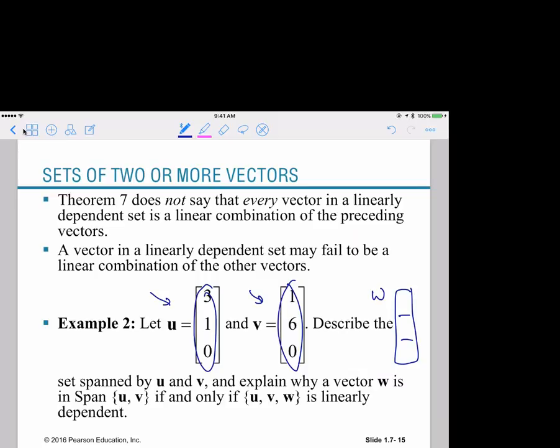In this example, although we do not know exactly what w is, if u, v, and w are linearly dependent, then it is the same as the case that w should be a linear combination of u and v. So let's see why.